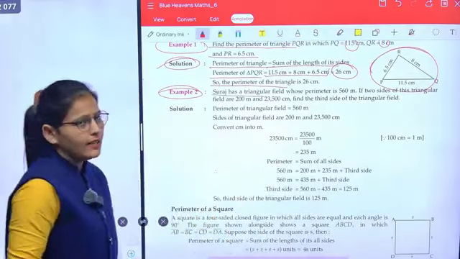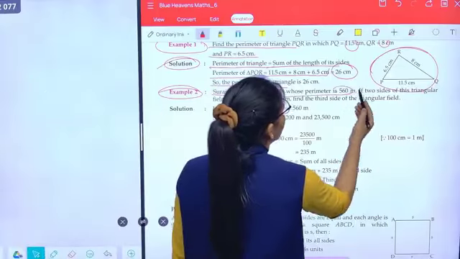Come on, example number 2. Suraj has a triangular field whose perimeter is 560 meter.